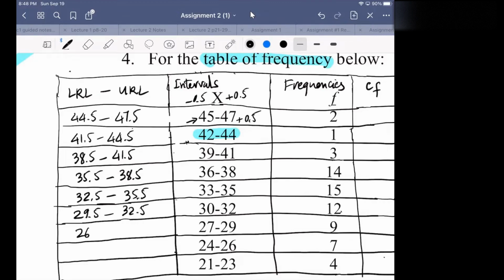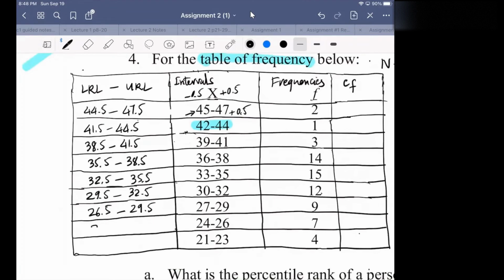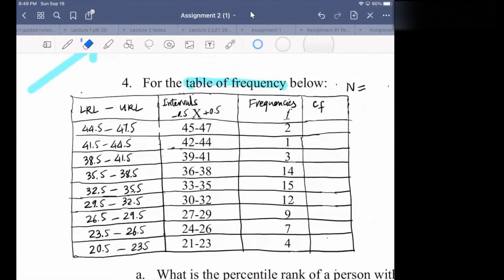Then 26.5 to 29.5. Then 23.5 to 26.5. And for the last one, it's going to be 20.5 to 23.5.